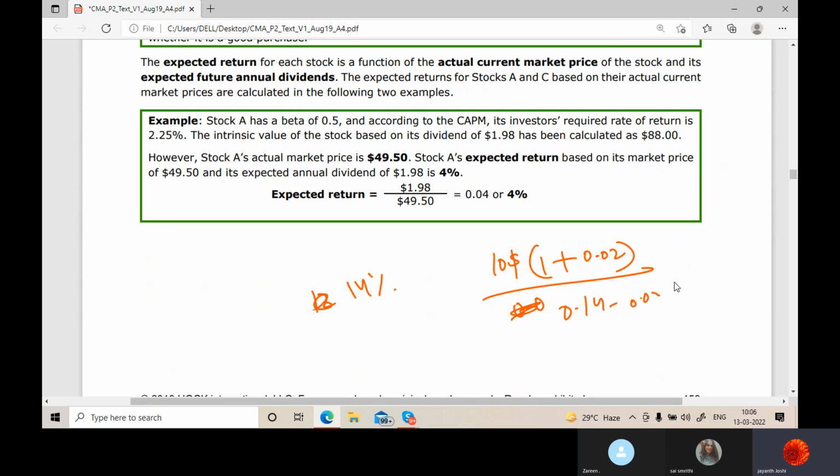Why am I removing this from the denominator, from the cost of capital? Because in the numerator I'm already adding that growth rate. If I discount the dividend with a higher discount rate, the growth I'm getting would be eliminated. It would be of no use to add the growth rate in the numerator.